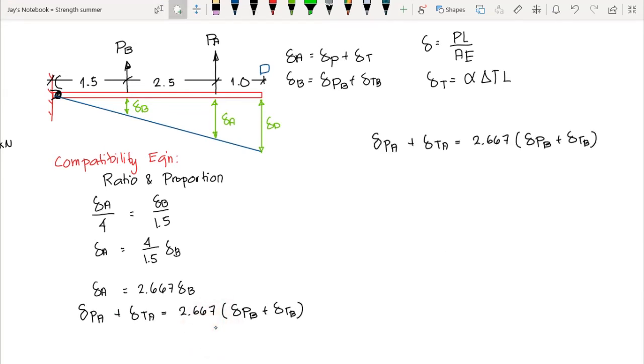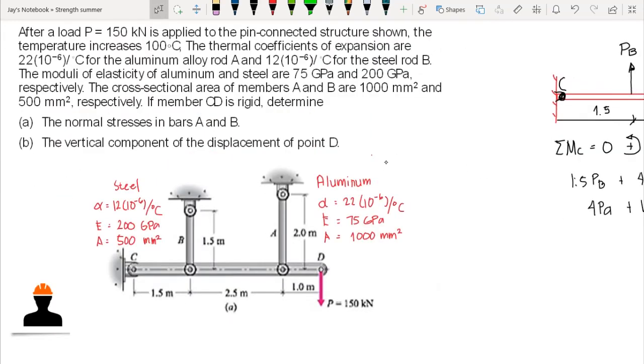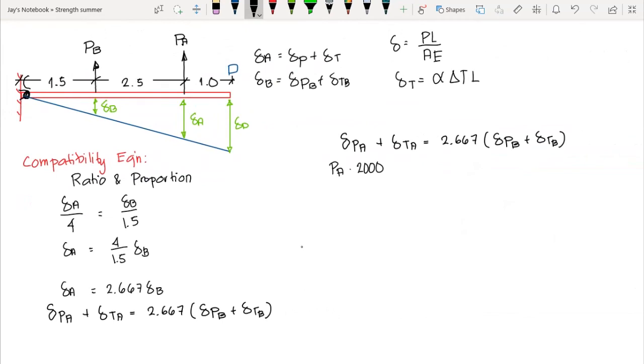Let's start from the deformation due to axial load at A. We have PA times the length of A. Our length of aluminum is 2 meters, that's bar A, that's 2,000 millimeters, over the area of our aluminum, 1,000 square millimeter, times the modulus of elasticity, that is 75 times 10 raised to the 3, in terms of Newton per square millimeter.